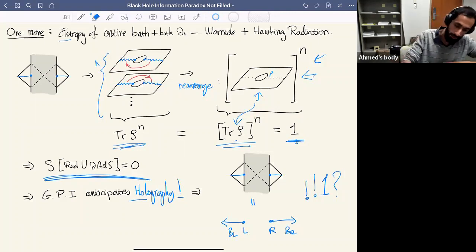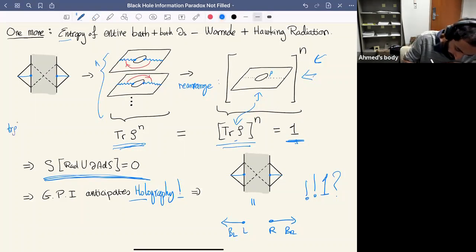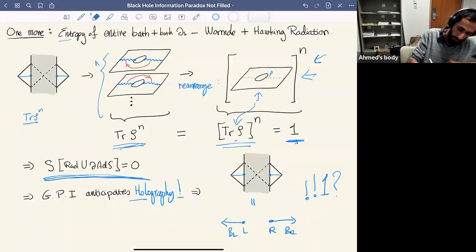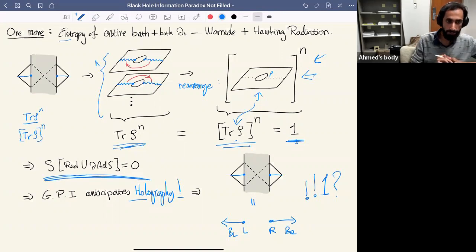But the better answer is that the actual quantity that we're calculating is trace rho to the n divided by trace rho to the n, something like that. This is the normalized trace rho to the n.